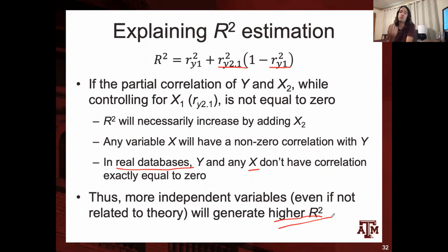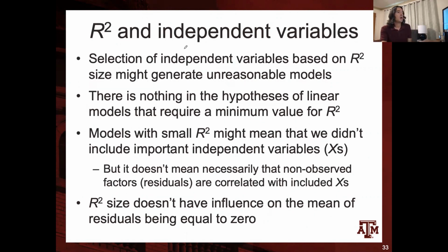We should test hypotheses. We should include the independent variables in our regression according to our theory, according to previous knowledge, according to our hypothesis, right? It's not just including several variables in the regression. The selection of independent variables based on the size of R-square might generate unreasonable models.